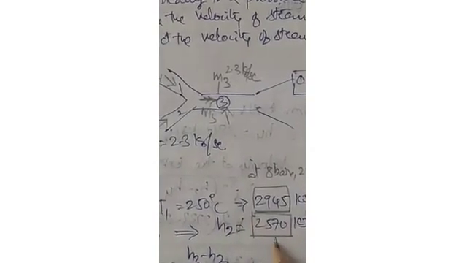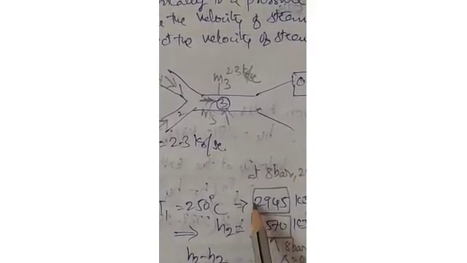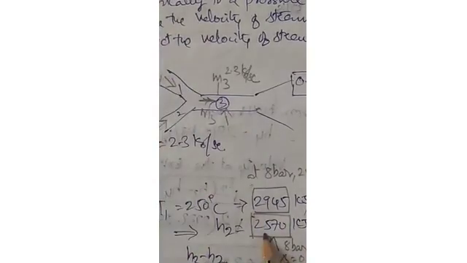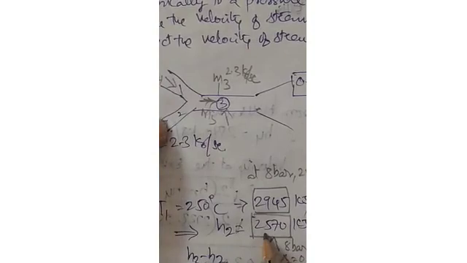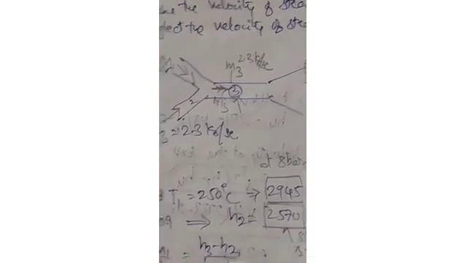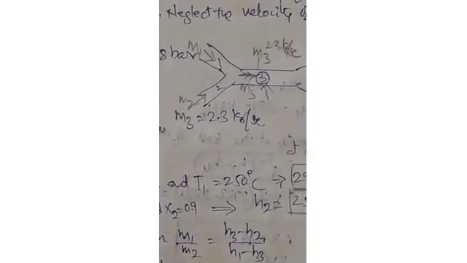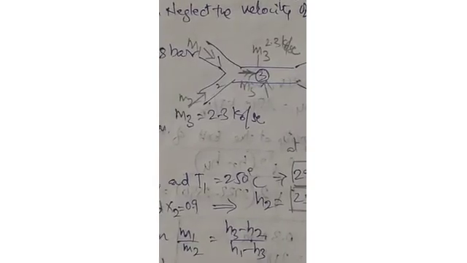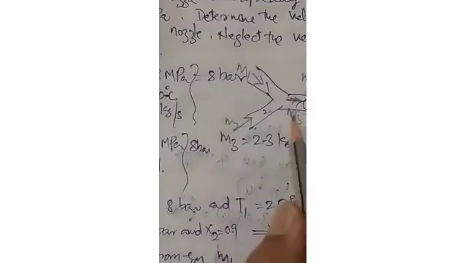So this is at 8 bar pressure and x2 is equal to 0.9. So I have two things now: the enthalpy of the incoming stream through pipe 1 and the enthalpy of the incoming stream at pipe 2. Now we can find the enthalpy at point 3.